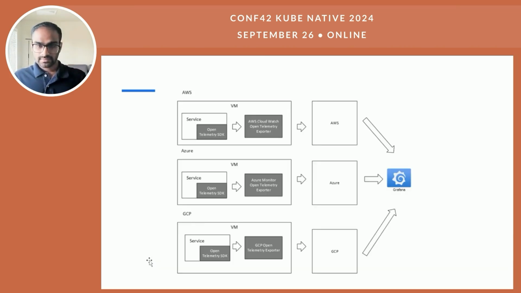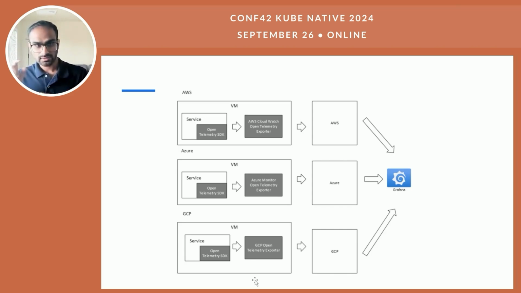This is an example of how using OpenTelemetry would look when using multiple cloud providers. So here, none of the VM, service, or the SDK changes. They all remain the same. The only thing that changes is the exporter. Remember, we also discussed single pane of glass experience to see the dashboard.